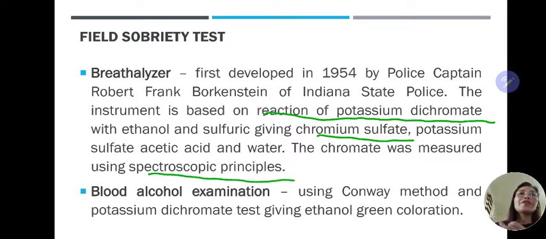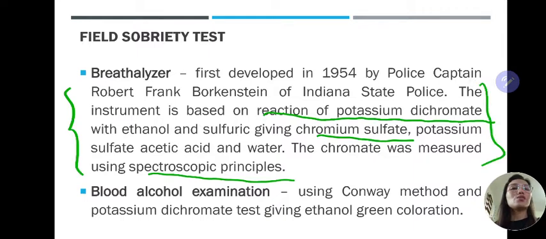But kung makikita sa description nitong breathalyzer, mapapansin natin na very complex yung chemical reaction na nangyari. But yung breathalyzer na ginagamit is a compact and handy device na nagbibigay na usually ng digital reading ng concentration ng chromate na na-turn because of the reaction of the blood alcohol with potassium dichromate.